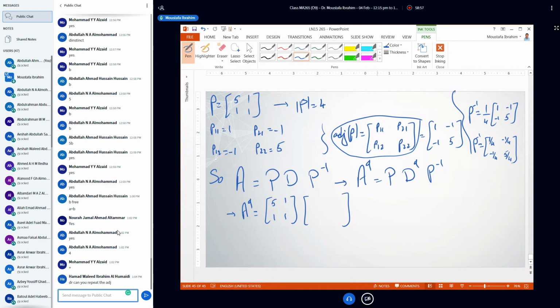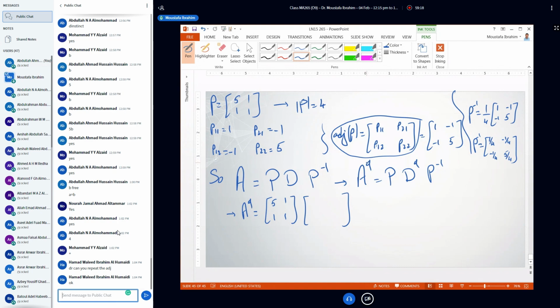The adjoint is P11, P21, P12, P22. Usually we use it for 3 by 3: P11, P21, P31, P12, P22, P32, and P13, P23, P33. Okay? Section 6.3, 6.4, or 6.3, I don't remember.